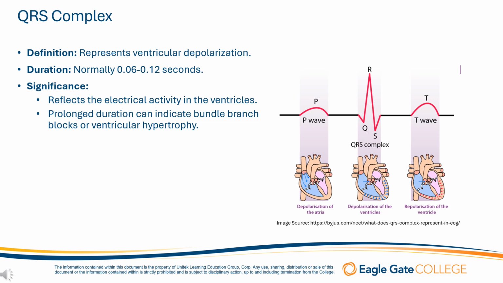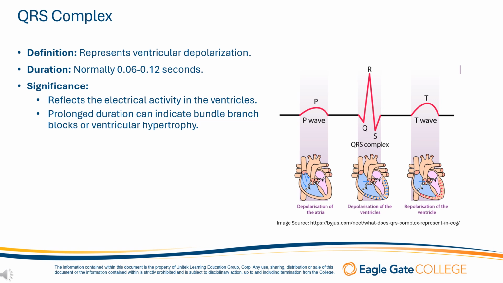We might have a bundle branch block. A left bundle branch block results in a prolonged QRS duration greater than 0.12 seconds because the electrical impulse is delayed as it travels through the left bundle branch. This causes the left ventricle to depolarize later than the right ventricle.